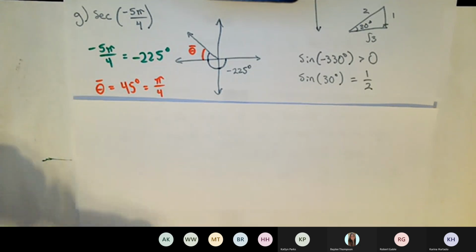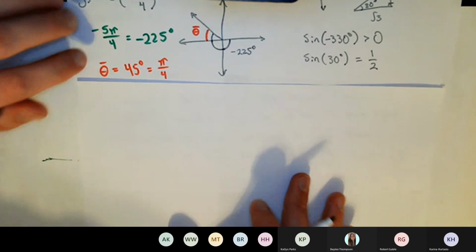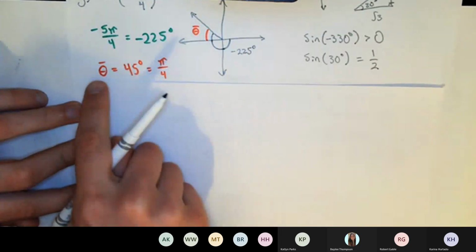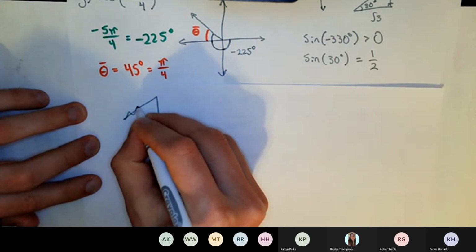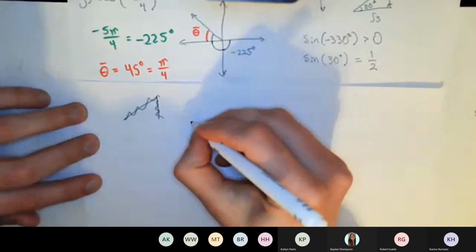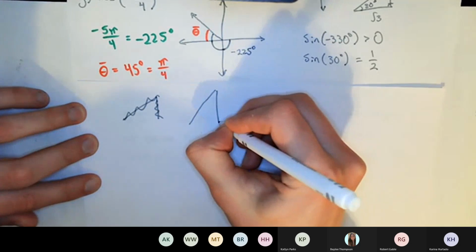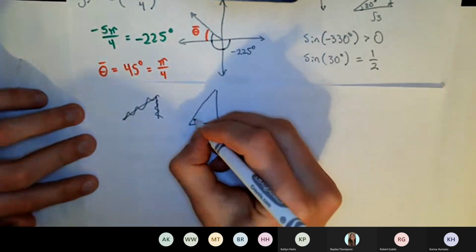Sorry if you were still copying that. I'll uncover it in a moment. Okay, so from theta bar, our reference angle, we have this pi on 4. Let me draw it right. The pi on 4 triangles, the 45-degree triangles, are supposed to be isosceles, meaning their legs are the same. That's approximately right.